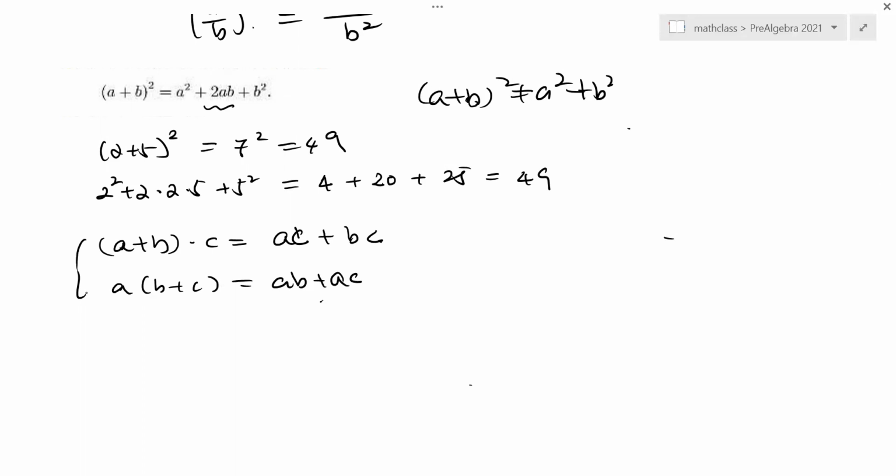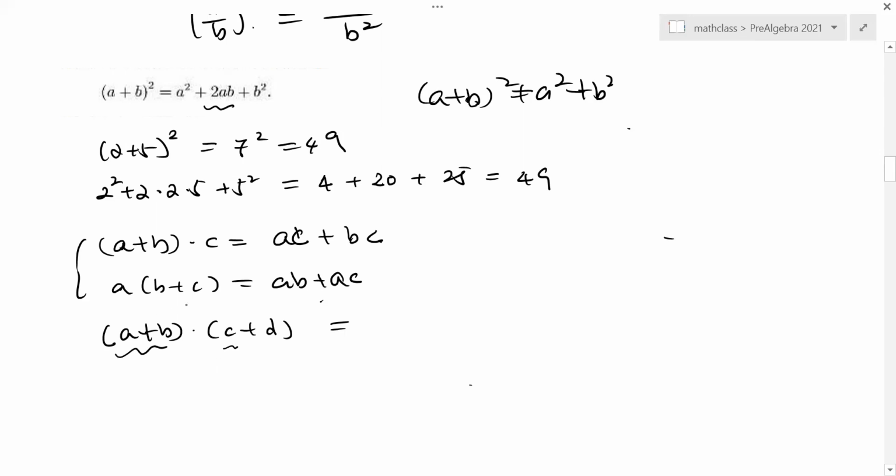Now, if we have a plus b times c plus d, not just a square. If c is a and d is b, then it's a plus b squared. Let's prove this more generally. How many terms are we going to get? I'm going to view this one as one term and then multiply this.